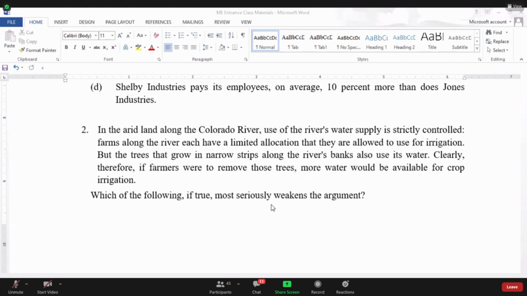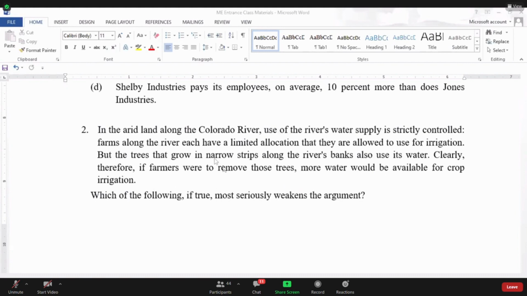But now your question is concerning the weaken argument. From the given options, which option says that for crop irrigation, trees should not be removed from the bank of the Colorado River?